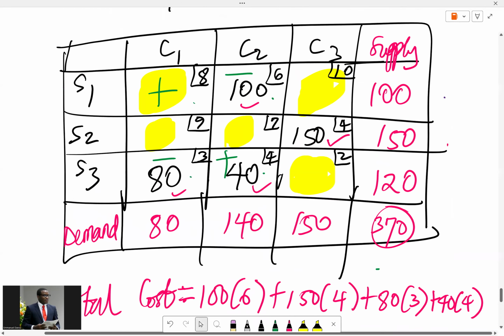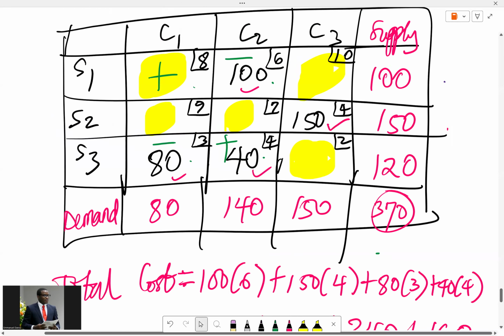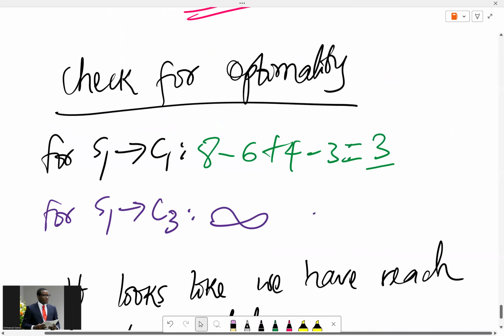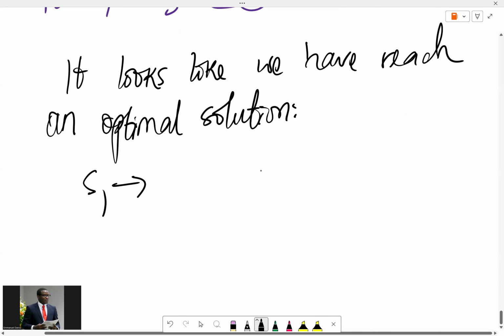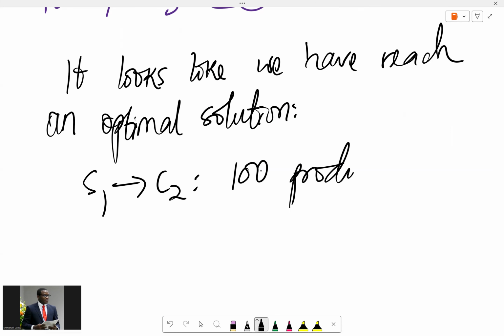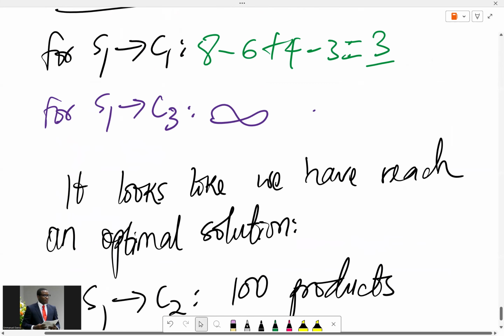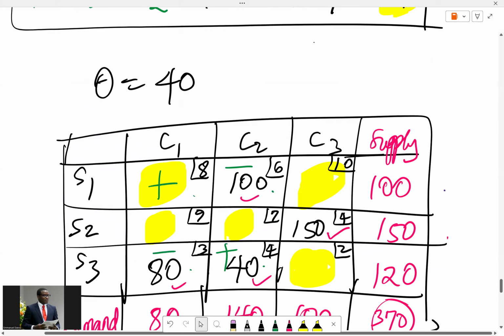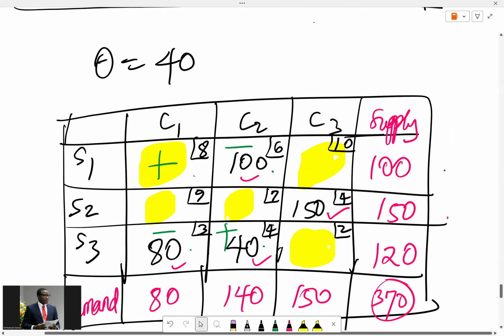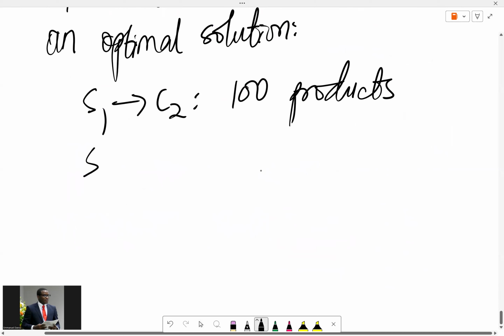You assign from S1 to C2, which will take 100 products. Then S2 to C3 will take 150 products.